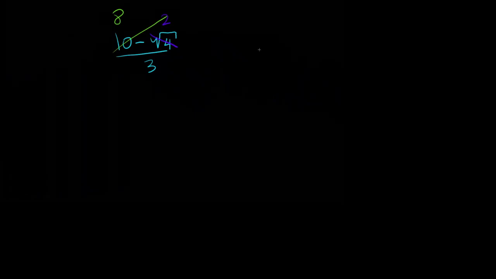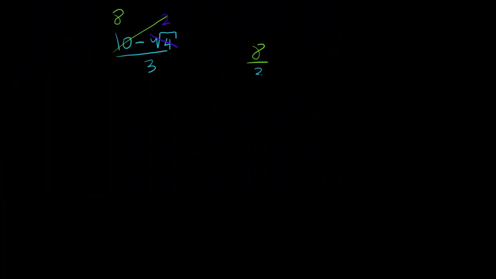Now we essentially have 8 over 3. And that's basically the simplification of this. We can turn it into a decimal, but that's going to go on forever, and I don't want to write all that. For now, we simplified 10 minus the square root of 4, divided by 3, into 8 over 3. Let's show another example of how we can simplify.